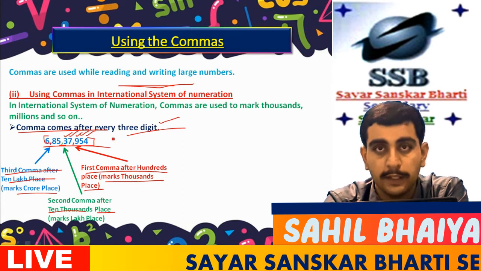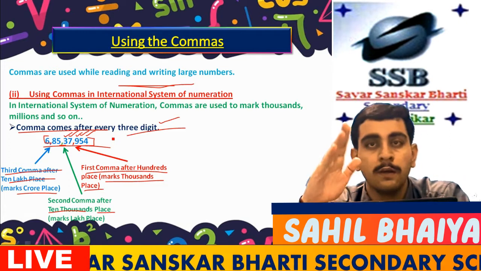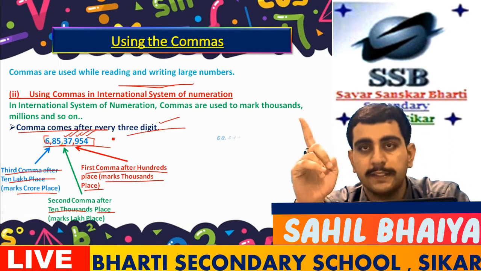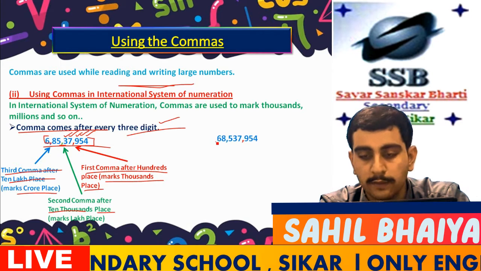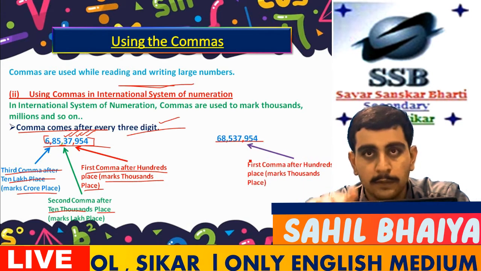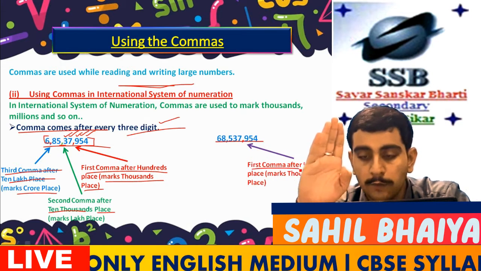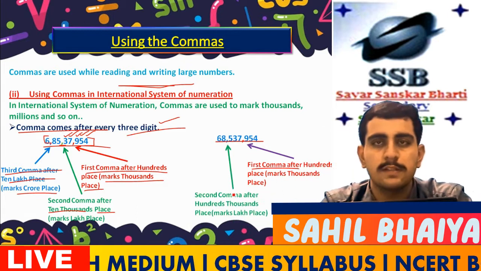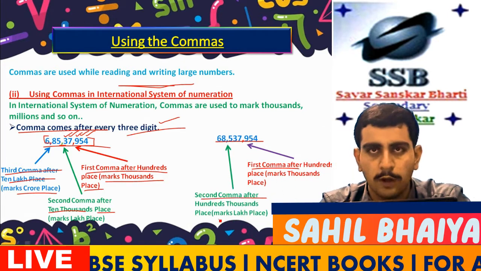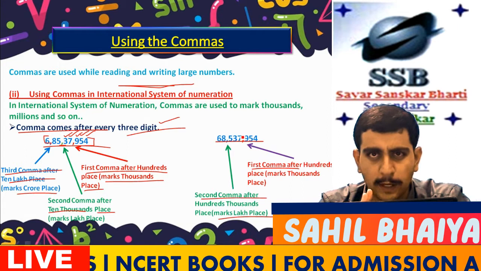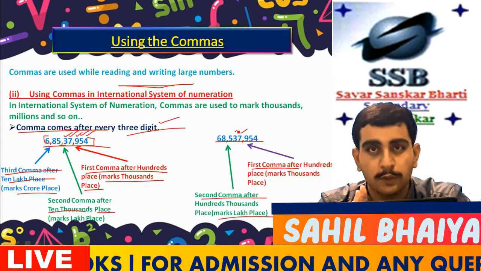Why? Because in the international system a comma comes after every 3 digits, so there is no comma for an 8 digit number. I think you all now understand the concept of using commas.